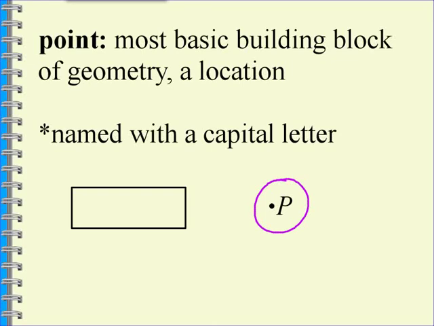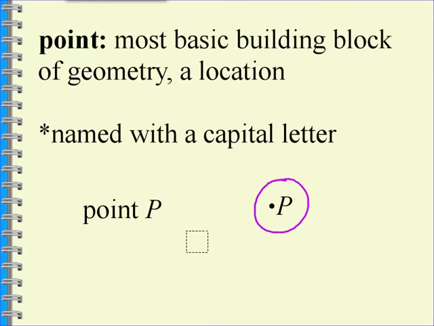Point P. There you go. So this right here is point P. If this was a C, it would be point C. If it was a D, it would be point D. That is everything you need to know about a point. Points are everywhere. Your book even uses a picture of poppy seeds on a bagel.